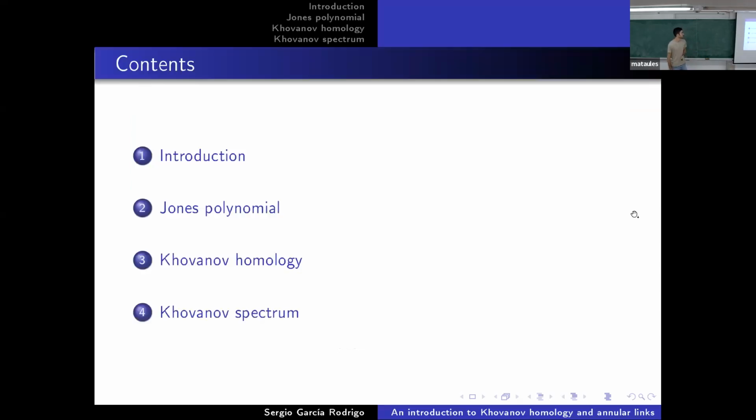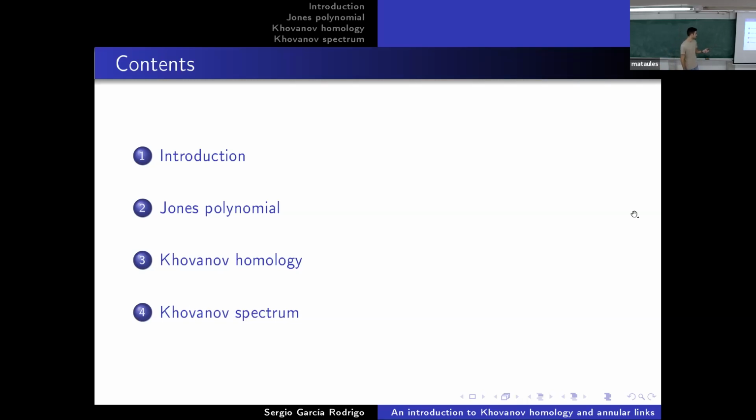Okay, so this will be a bit of the contents we are going to see. First, we'll start with an introduction of some definitions of knot theory, like what is a knot, for example. Then we'll introduce the Jones polynomial, a very important invariant. And lastly, we'll see the Khovanov homology.